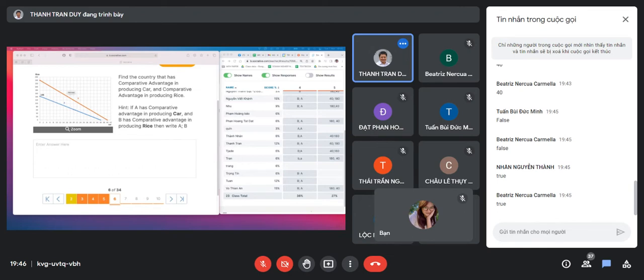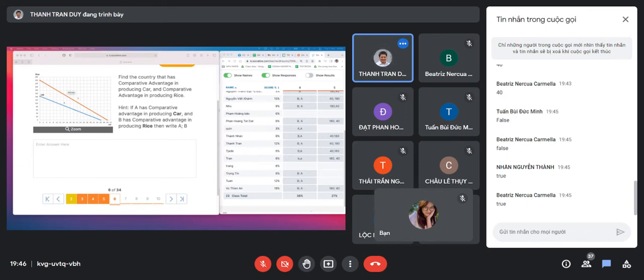But how to find the comparative advantage? How to answer these questions?